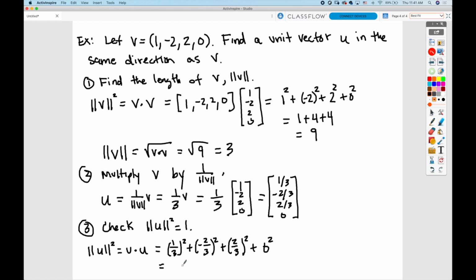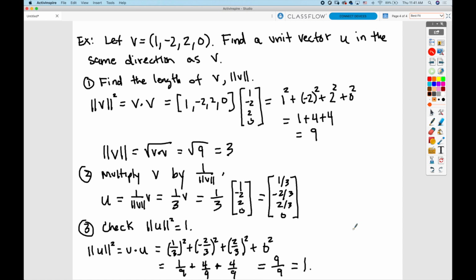Okay, this is equal to 1 over 9 plus 4 over 9 plus 4 over 9, all right, which is 9 over 9, which is 1. And so there we go. u is a unit vector.